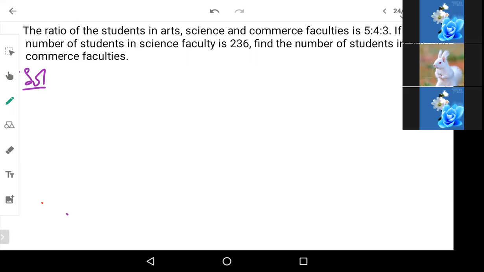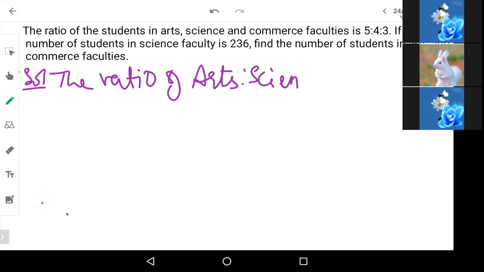Solution. The ratio of arts is to science is to commerce is 5 is to 4 is to 3, right? That is what is given in the first slide. 5 is to 4 is to 3 is the ratio between the three.